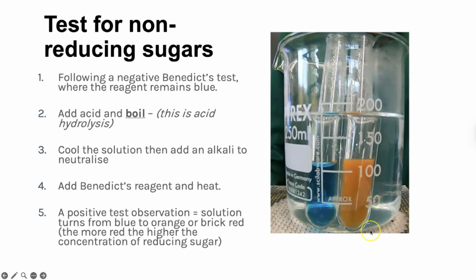And this time, the positive test observation, it will go from that blue to probably orange or brick red. You don't usually get the yellows or greens for this, and this is often an application question.